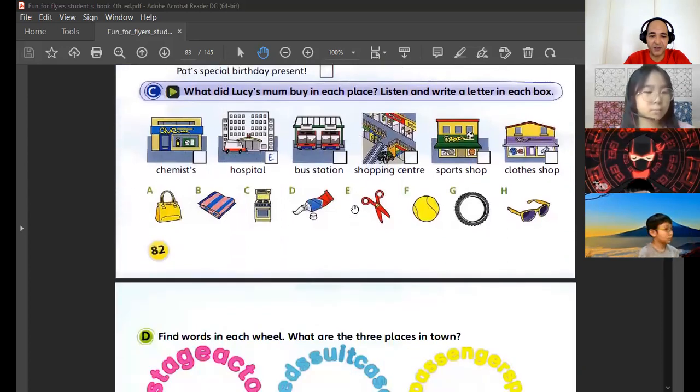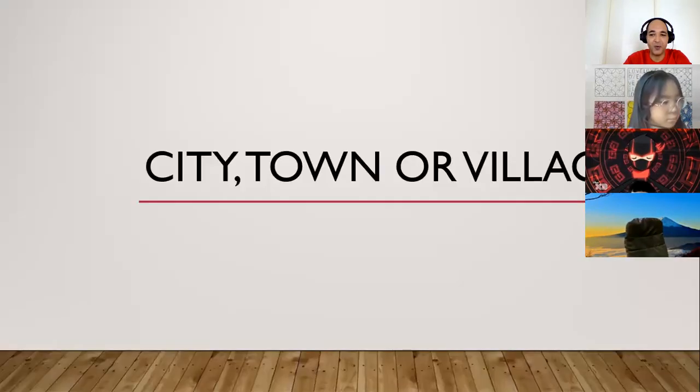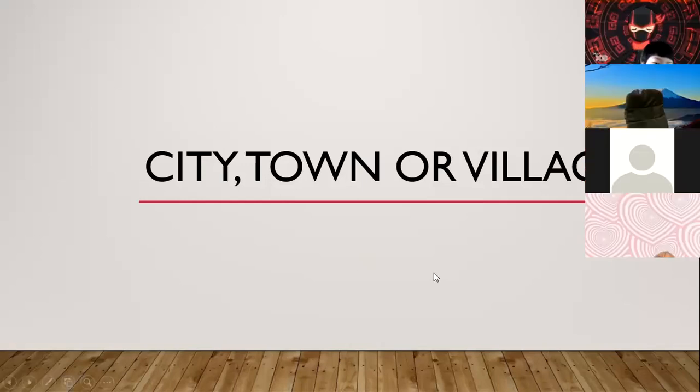So the first thing we are going to do is just talk about city, town, or village. What are they? What is the difference? What is a village? What is a town? Do you know? No? Okay. Well, let's have a look.